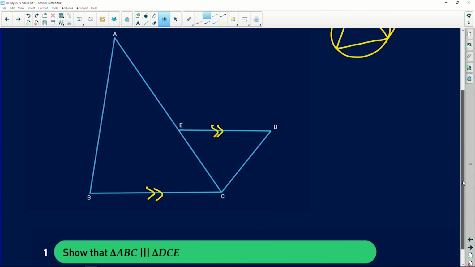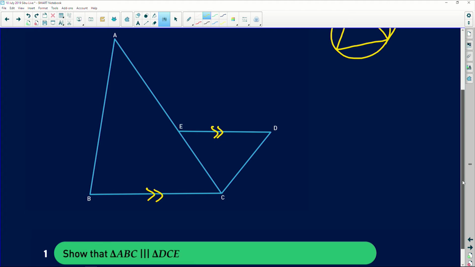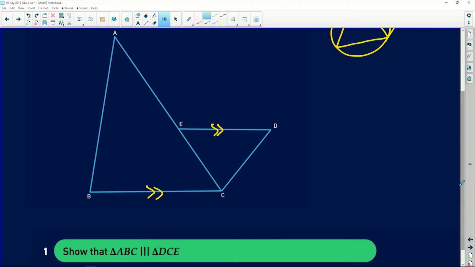The first one says to us that we need to show that triangle ABC is similar to triangle DCE. So the big triangle ABC is apparently similar to this small triangle that you're looking at here. Now, when you're proving similarity, guys, there are three things that you need to remember to find. You must find three angles in the first triangle that are equal to the three angles in the second triangle, such that the order matches.